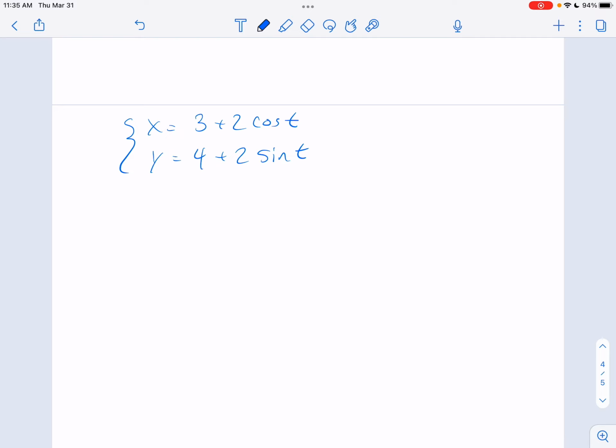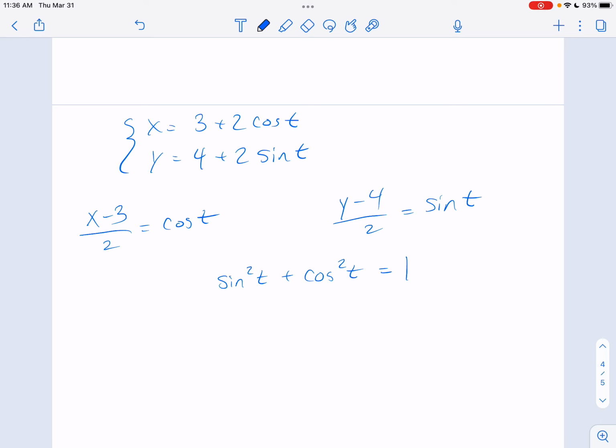So notice I can solve for cosine of t, and I can solve for sine of t. Well, we have a way to relate sine and cosine: sine squared plus cosine squared equals 1. We even gave this a nickname, right? We called this identity the Big Daddy.